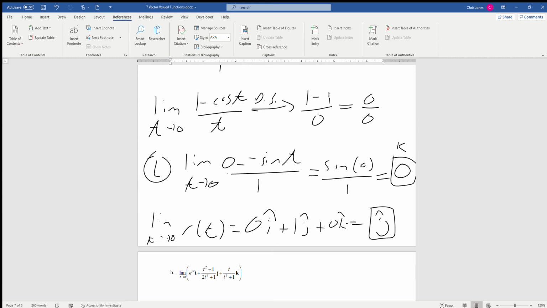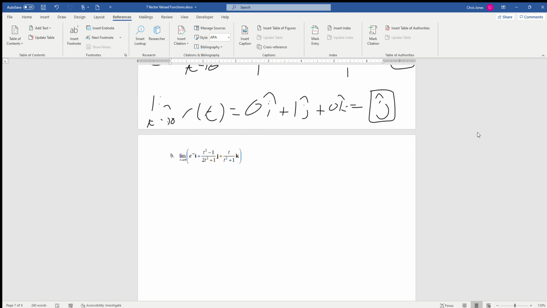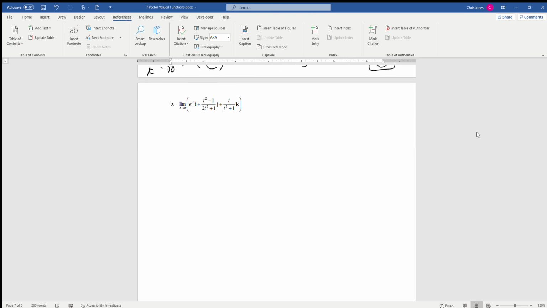All right. A second example of this, just to reinforce, but this time we're approaching infinity. So we have e to the minus t, t squared minus 1 over 2t squared plus 1, and then t over t squared plus 1. So let's find the limit of each. This is the limit as t approaches infinity of e to the minus t.